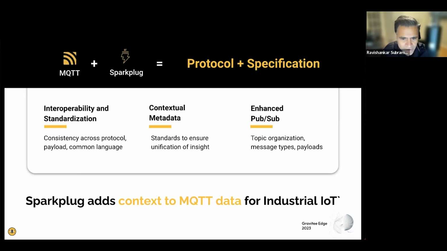So the combination of MQTT and Sparkplug is absolutely essential or crucial for manufacturing, because it offers you that additional interoperability and standardization. It contextualizes the metadata, and then it also provides the topic organization. It provides organization of message types and payloads. So that's the reason why Sparkplug is also getting a lot of popularity.